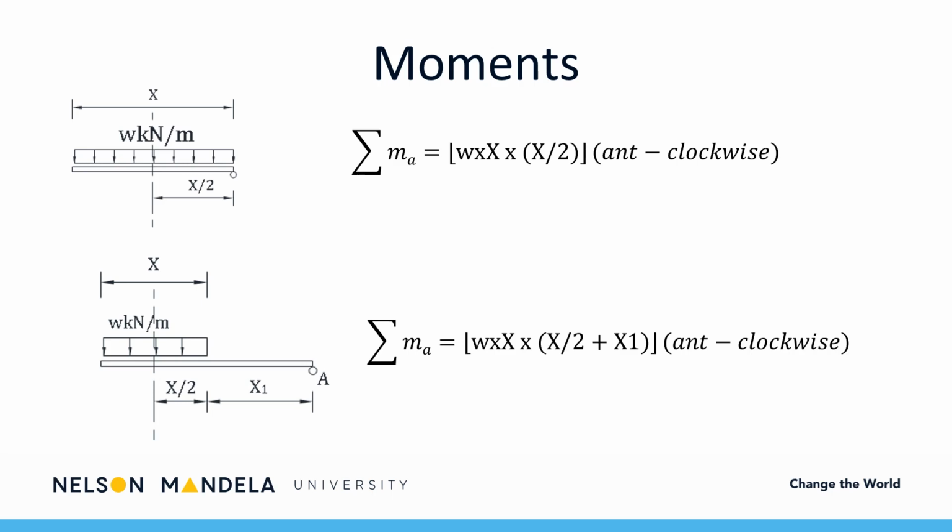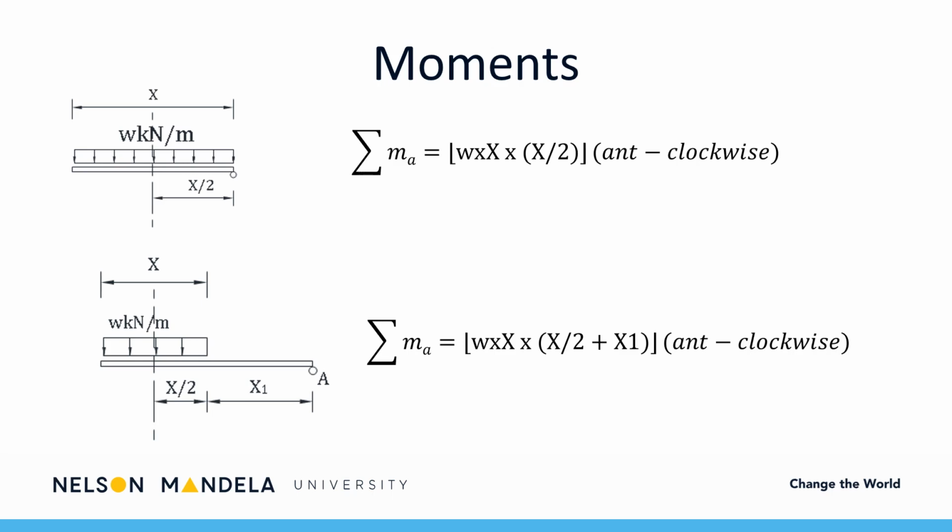Again, I'm going to convert that uniformly distributed load into a point load acting where I'm showing the hidden line. So how do you convert that? Take the UDL, multiply by the distance over which the UDL is applied. That UDL is W, multiplied by X, the distance over which it is applied. Okay, then I'm done with that.